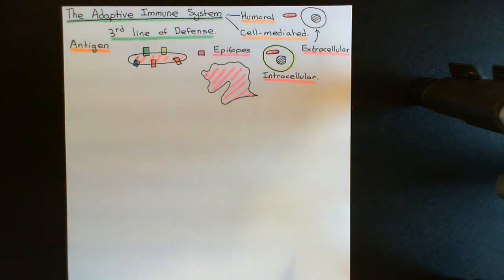Now most pathogens will get a humoral adaptive immune response initiated against them, at least one, multiple most likely, as I've just explained, because the different antigens and the different epitopes of antigens can have different humoral adaptive immune responses initiated against them. The reason that most pathogens will get that is that most pathogens do at some point have to be extracellular, and therefore they are targetable by a humoral adaptive immune response.